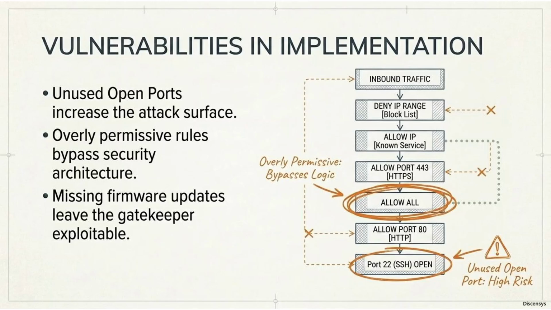And overly permissive rules bypass security architecture. And missing firmware updates leave the gatekeeper exploitable. So you could see in the image, from inbound traffic till port 22 SSH open, right? The port is open, in the sense an unused open port, which is actually leading to very high risk.